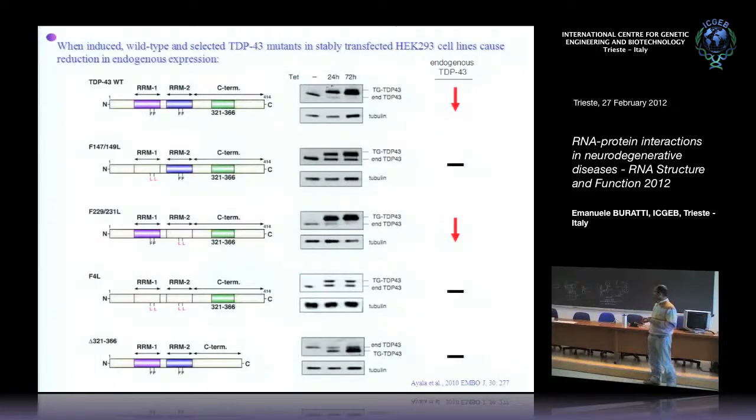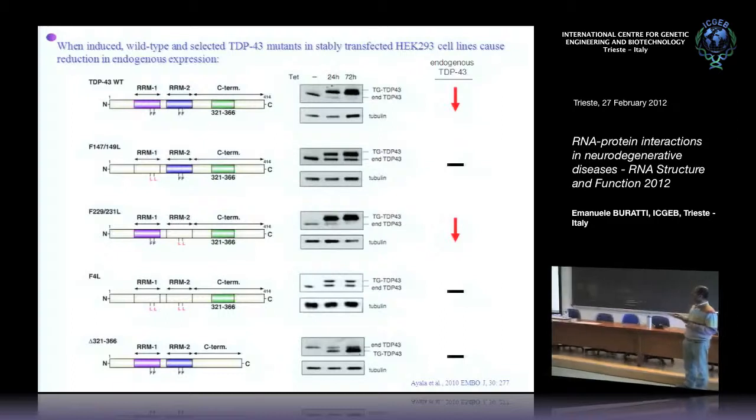Before we do that, just let me tell you very briefly, when we wanted to look at these kinds of issues, what we started to do was to make stable cell lines. So we made stable cell lines that were all capable of expressing a transgene of TDP-43 that was siRNA resistant, and the idea was that using these cell lines we could deplete the endogenous TDP-43 and then switch on the expression of the transgene.